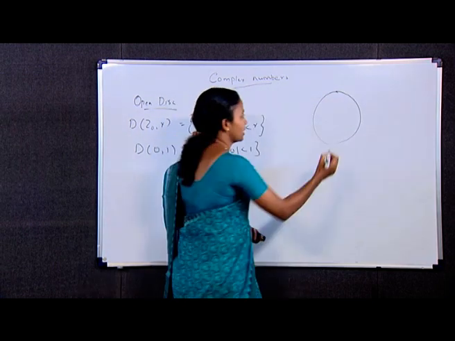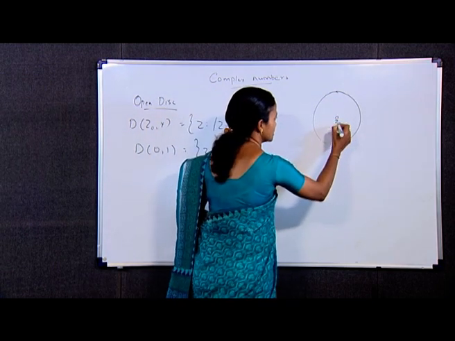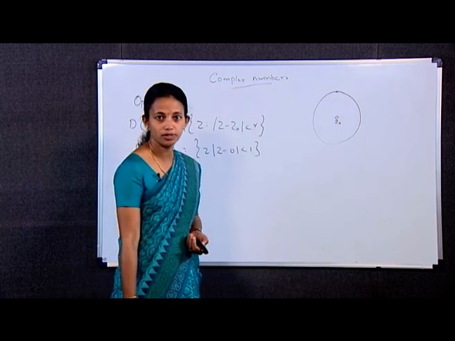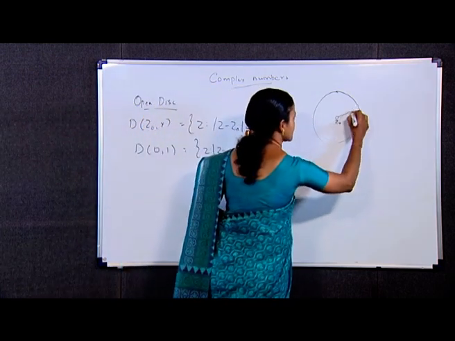That is, here we have the deleted neighborhood of z0 with radius r.